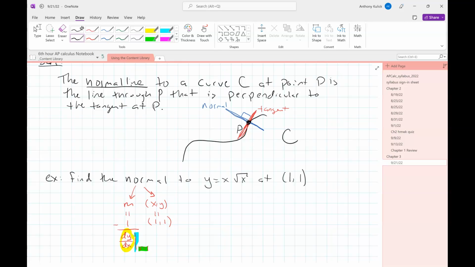Okay, so I guess the first order of business is to find dy/dx, right? With the way my curve is currently written, can I take the derivative of it? No, right? So I'm going to have to rewrite this.